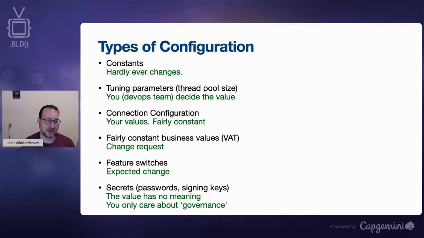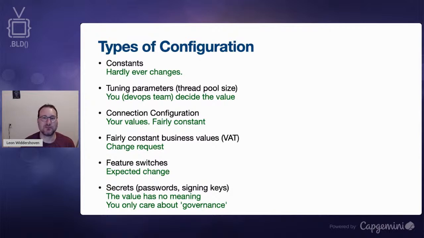And last, but certainly not least, it's secrets. Secrets are not properties. I mean, technically they are values that you inject in your application so that it can do its work. But you don't care about the value of a password. It needs to be the right password. If I look at the configuration of my checkout service, and I see there is a URI catalog.services.capgemini.com, I can see it's wrong.